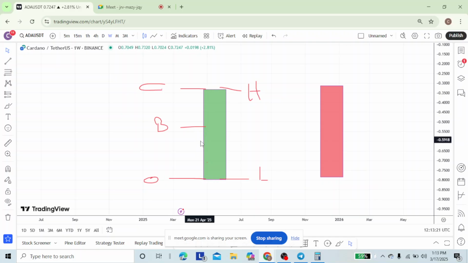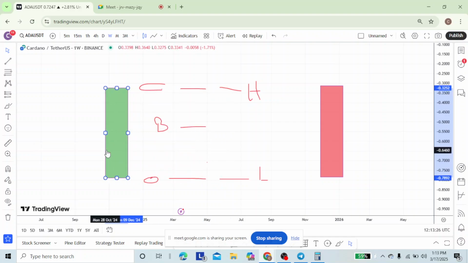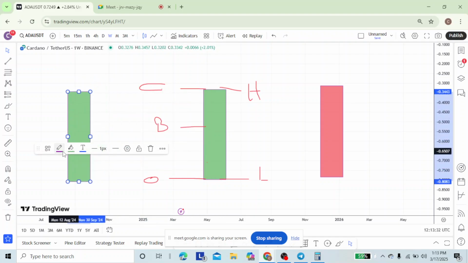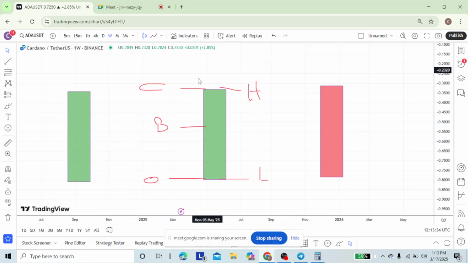Now, another way that we can have the Marabozo candlestick is that it may have wicks. Naturally, this is how we are going to have a Marabozo candlestick: a shaved top and a shaved bottom, no wick at all.